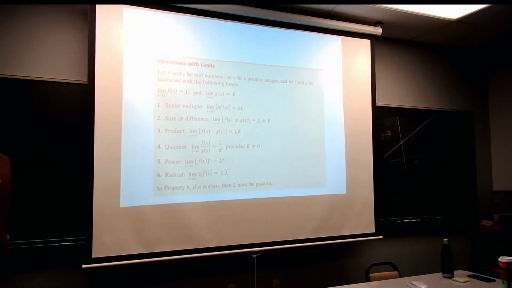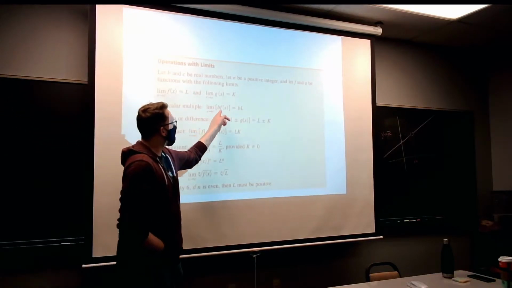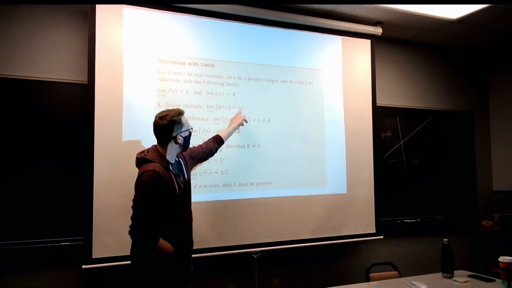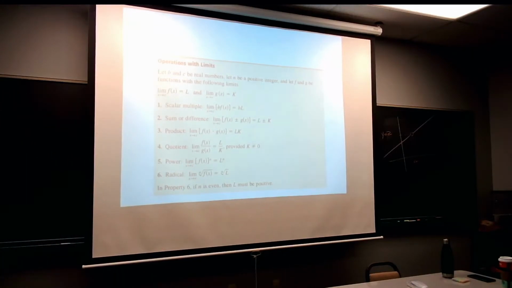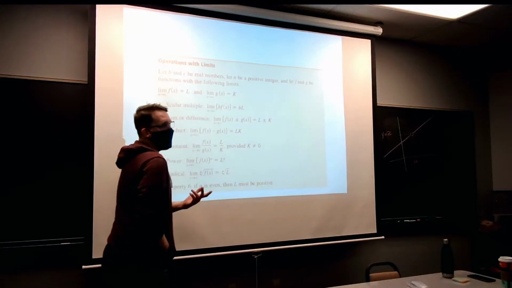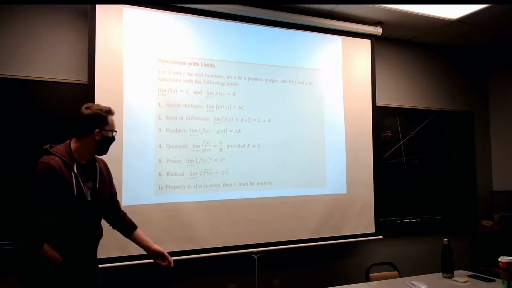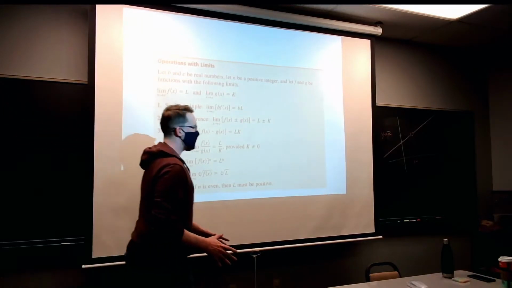Well, under these conditions, if we multiply our function f of x by a constant, our answer under the limit is just going to be that constant times L. If we add two functions together, it's just going to be L plus or minus k. Product, quotient, and then the power radical rules. Nothing too fancy is happening here yet.